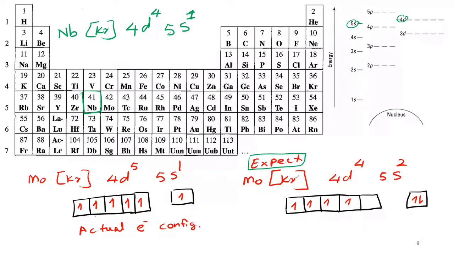Why do we have this exception? Because they are all precisely half-filled. And that results in more stability.